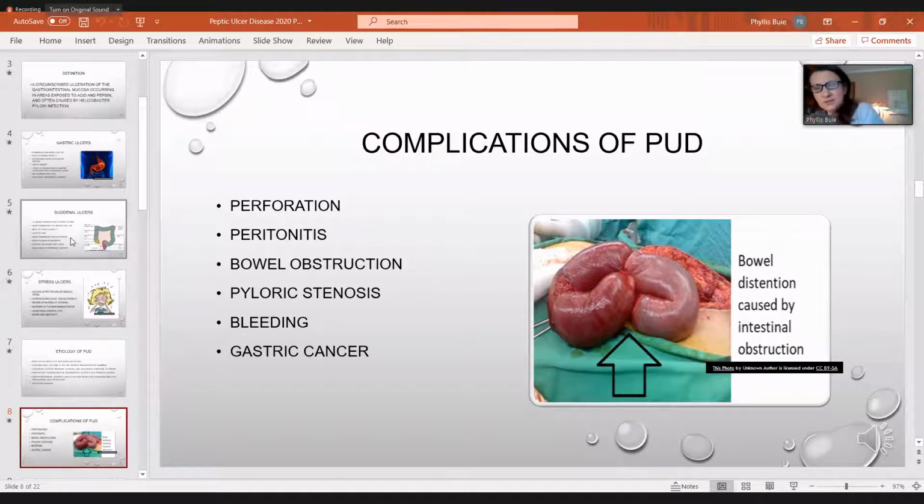They may have nausea and vomiting related to this. They may also have obstructions caused by scarring or swelling. Inflammation can also be occurring at the gastric outlet.